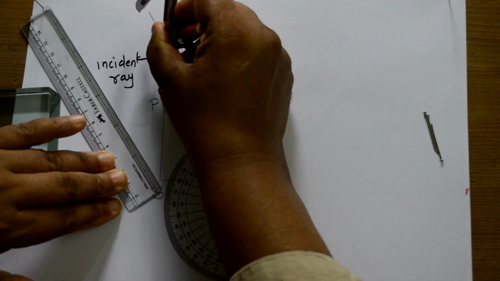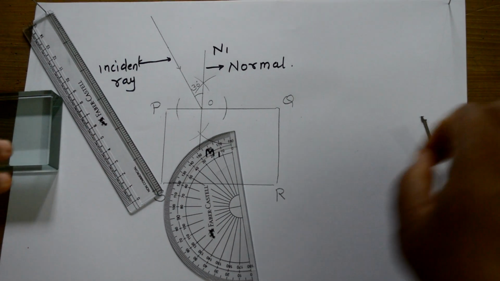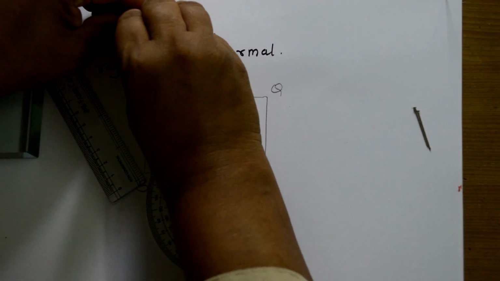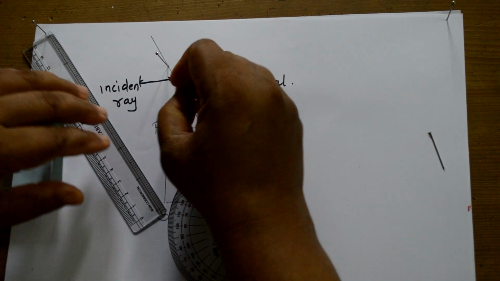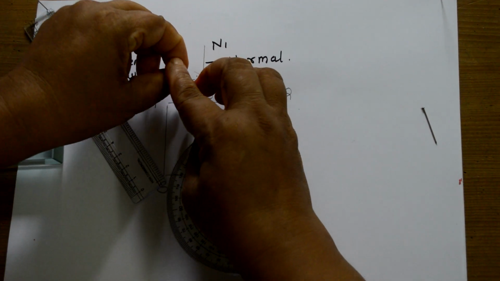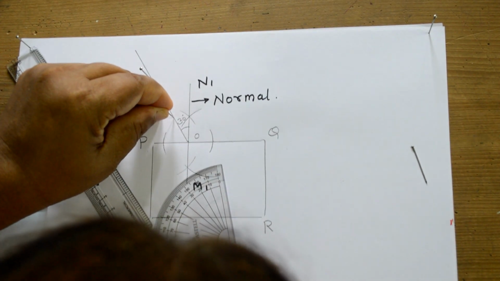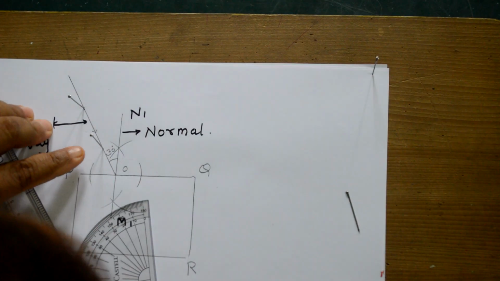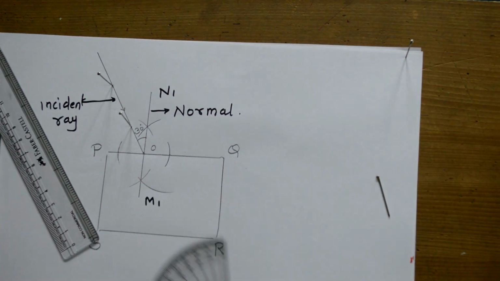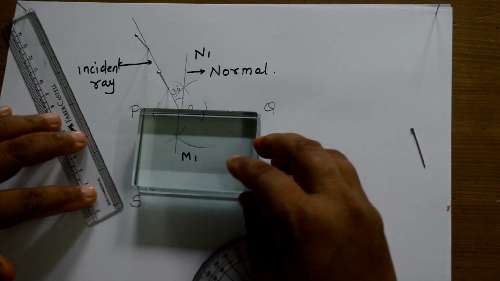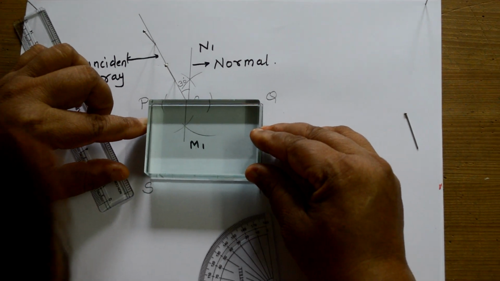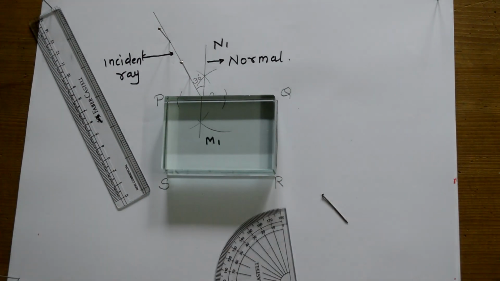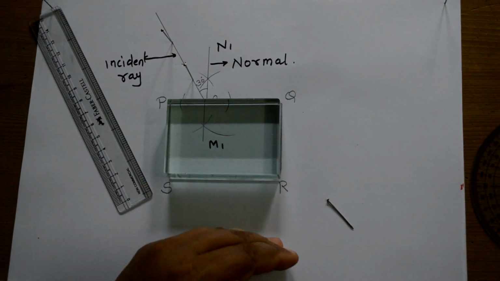I locate 2 points on the line, fix 2 pins, pin 1 and pin 2 exactly on the line, around 2.5 centimeter distance away from each other, and place the glass slab back on its place and try to fix pin number 3 and pin number 4 from this side of the glass slab.